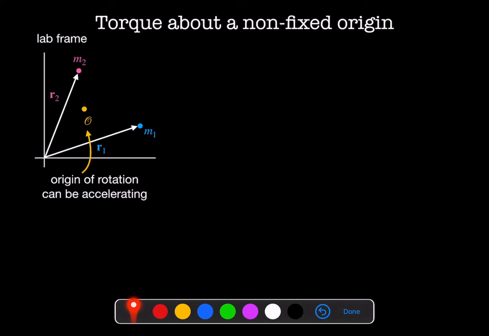So we're not going to treat this as a fixed point. It's going to be at position R origin in the lab frame. And with respect to this center of rotation, m1 is located at r1 minus R origin, and m2 is located at position r2 minus R origin.